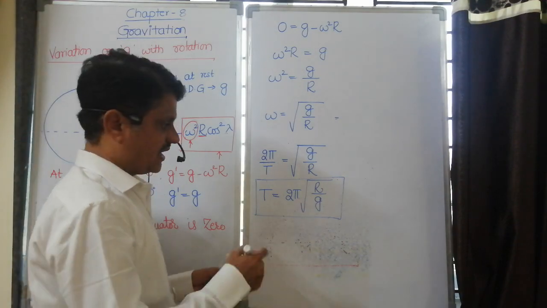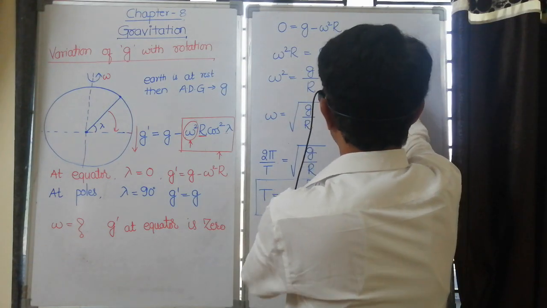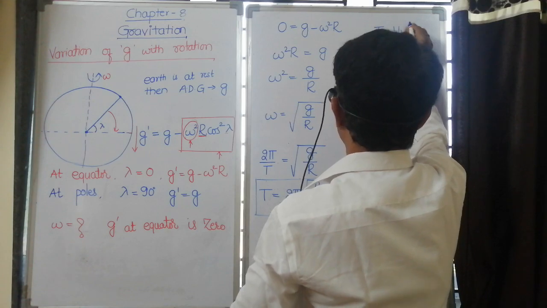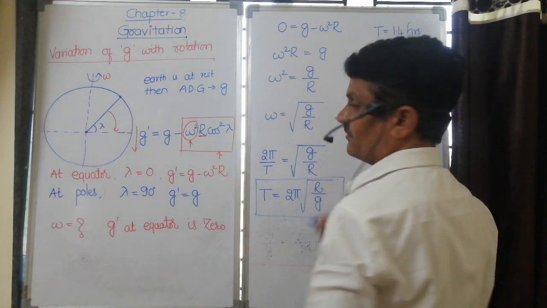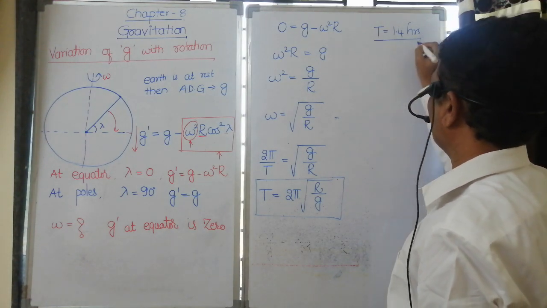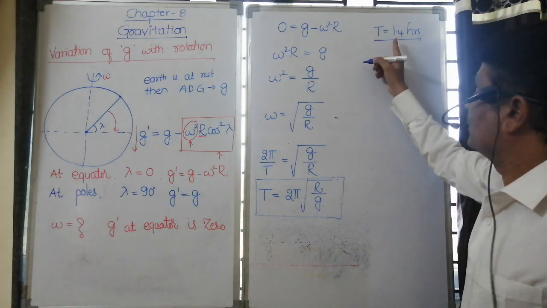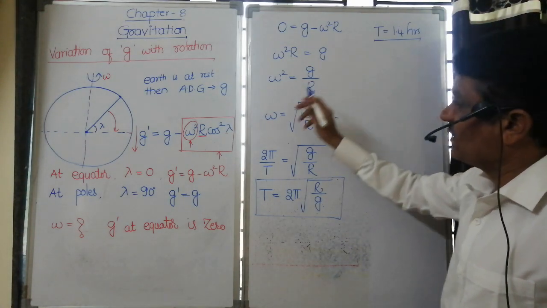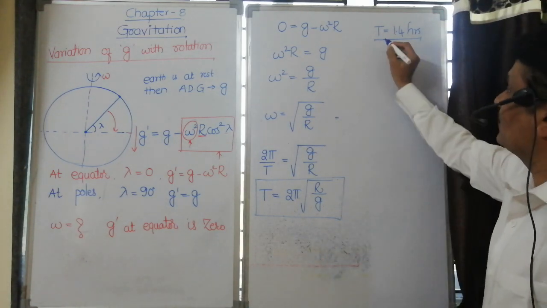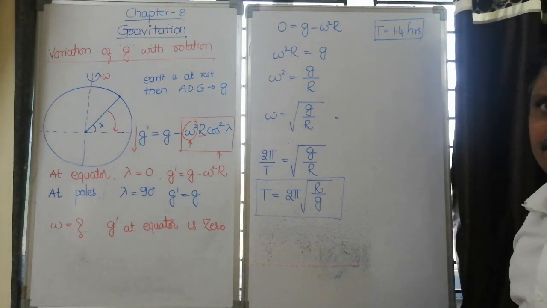I think you might have calculated. So the answer is time period is equal to 1.4 hours. Today it is 24 hours. But for g to be 0 at equator, the time period of the earth must be 1.4 hours.